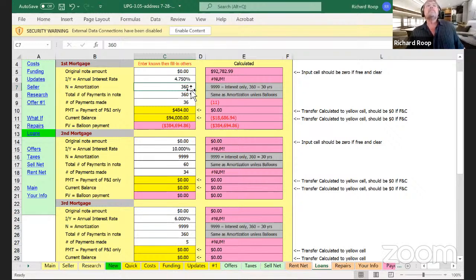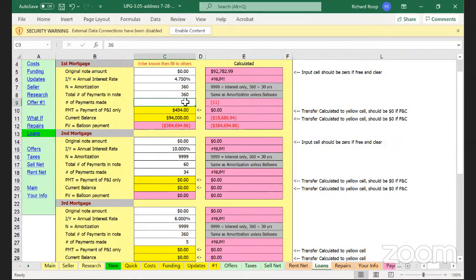And then, how long do you think it's been on the property? It's a 30-year loan. How long has it been on there? One second, I can tell you. Since 2013, actually November of 2013.